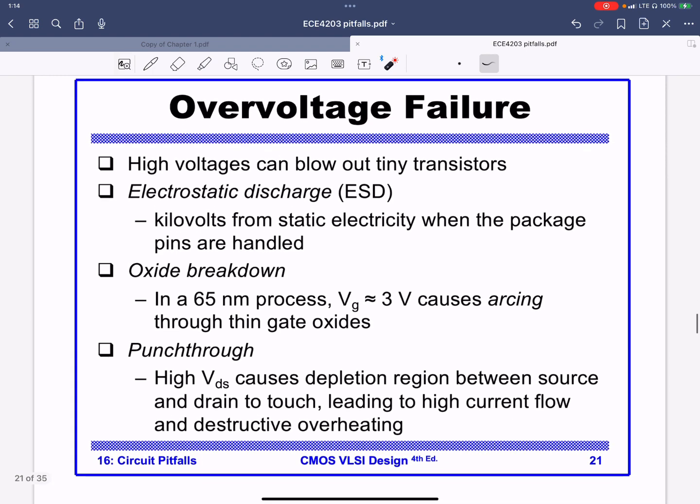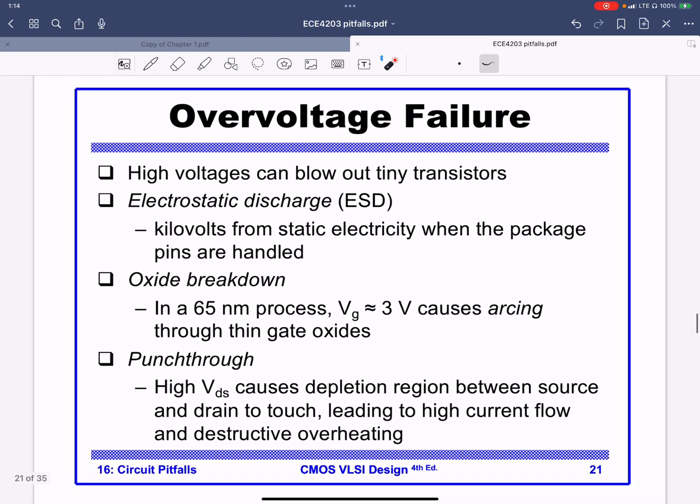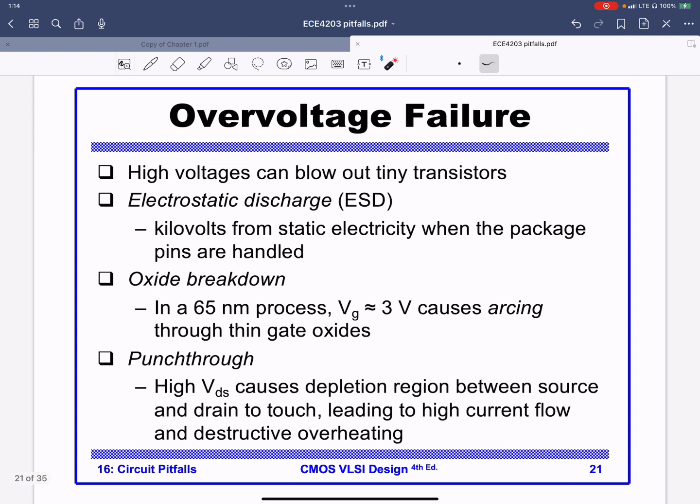Okay, so those were breakdown effects over some amount of time. It's also possible that a momentary over voltage situation can damage transistors. Again, remember these are very, very small transistors, and it doesn't take a lot of voltage to create an electric field, because electric field is voltage over distance.